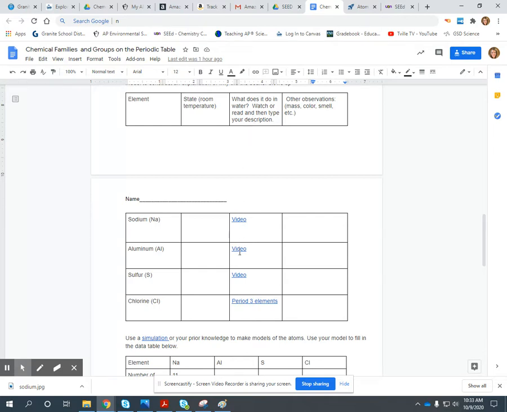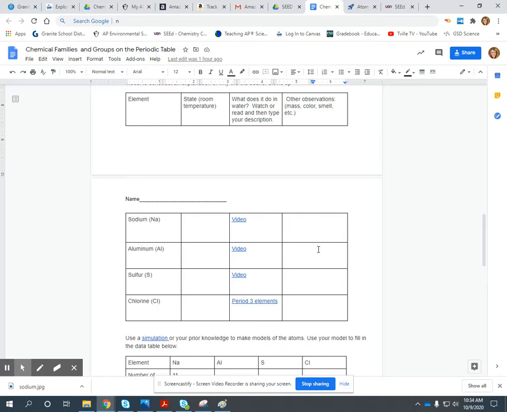So I have some links to videos that you guys can watch to describe what these elements do in water. There's also an article here that summarizes the reaction with water for period 3 elements. And then one other observation, one other property of each of these metals. Sodium, aluminum, sulfur, chlorine. In this column, you're going to write one other property of those elements.